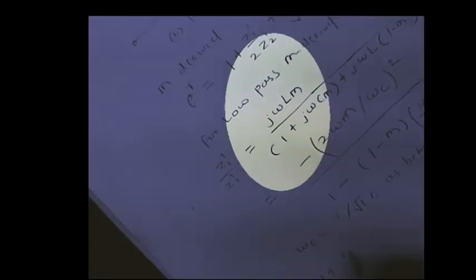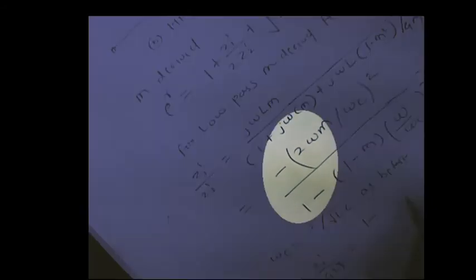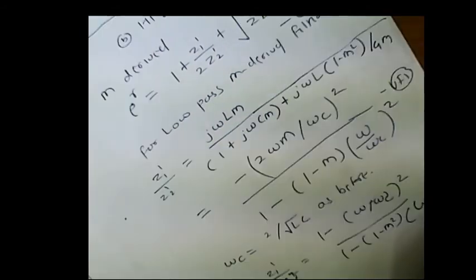As we already know when dealing with the resonant circuit, we get 1 minus omega over omega c whole square, divided by 1 minus m square times omega over omega c.